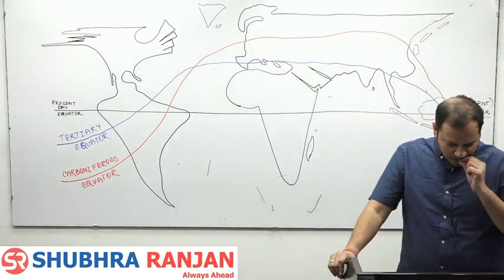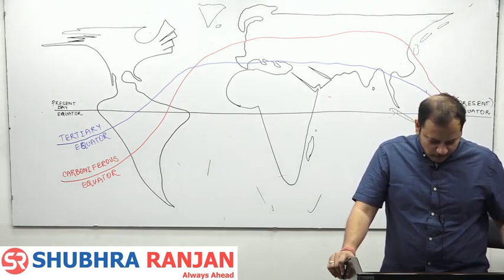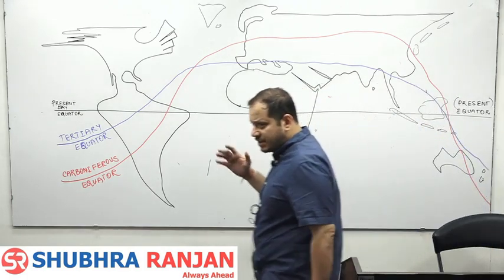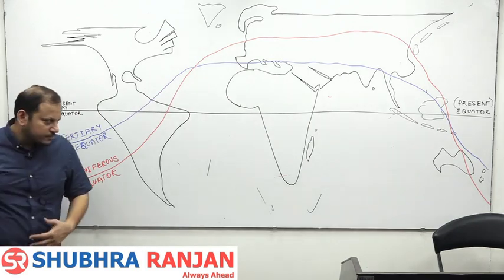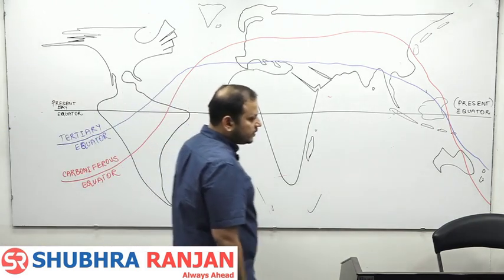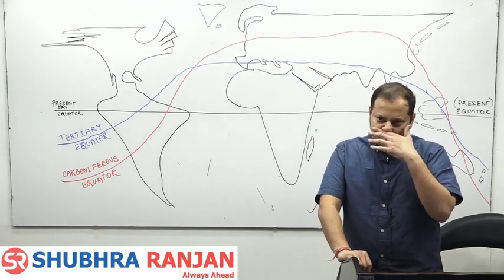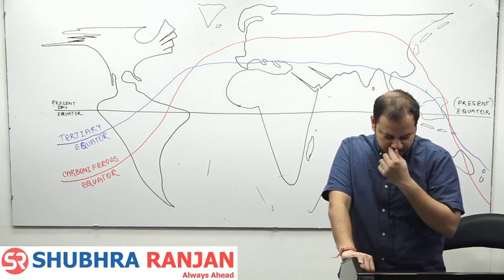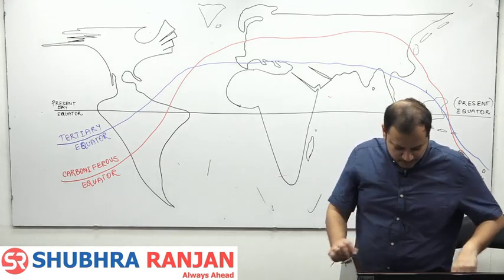According to the Wegener, the edges of westward moving continents were crumpled.